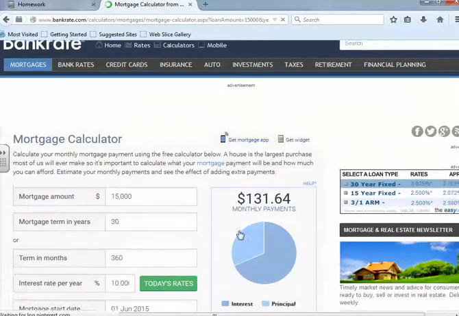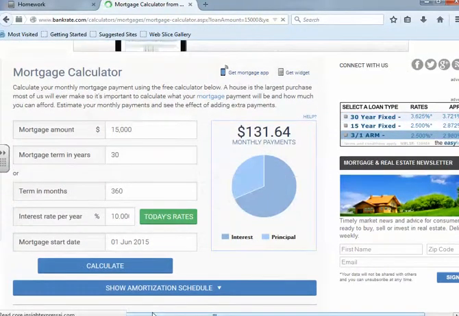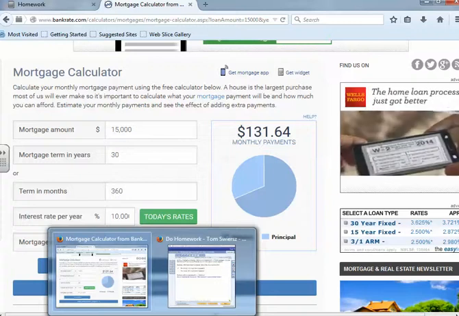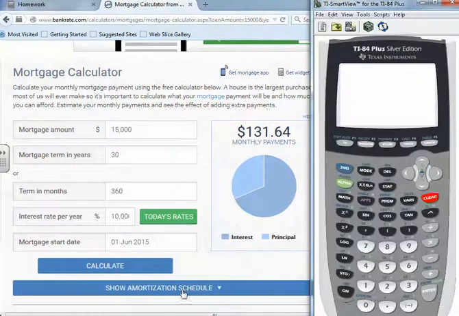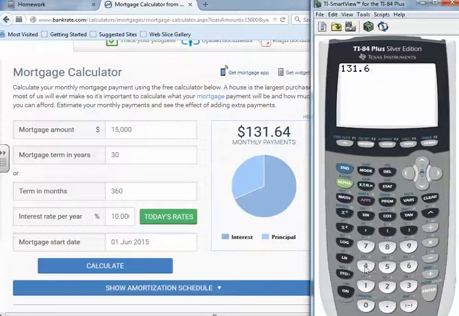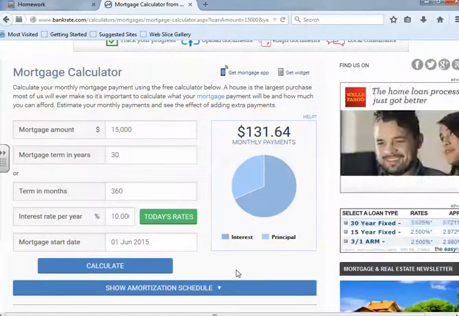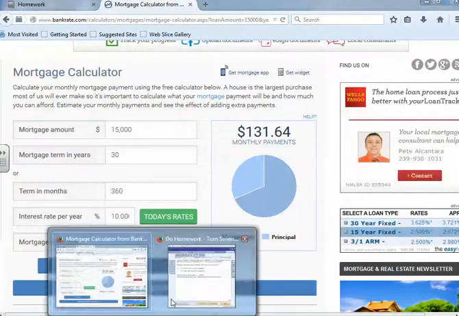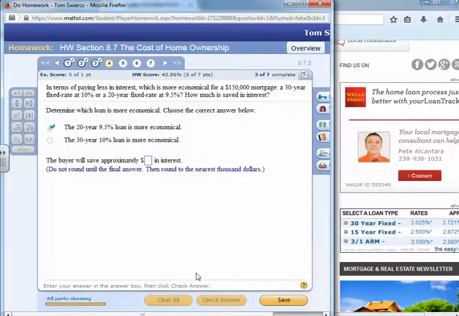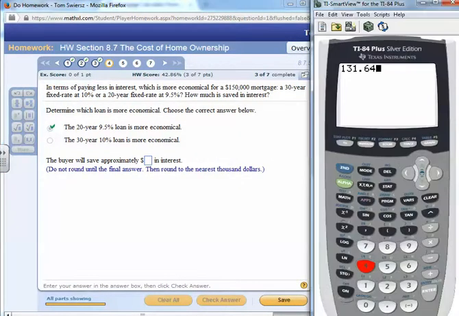And we get 131.64. Now, that is the monthly payment for the 30-year at 10%, right?